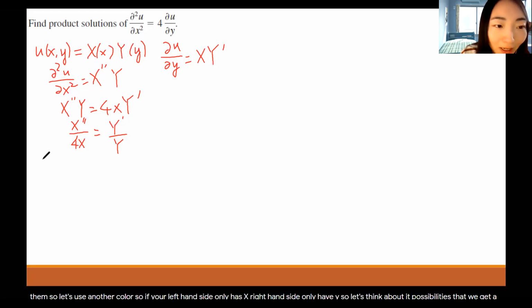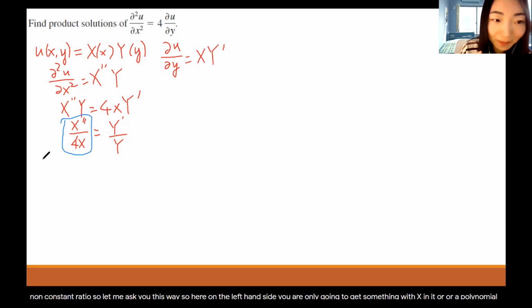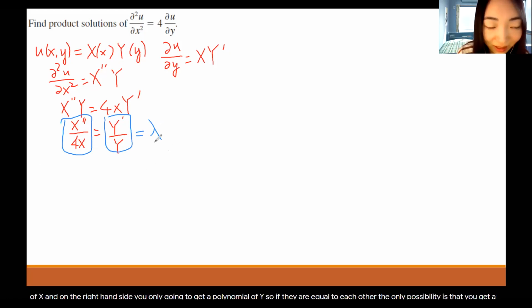Let me ask it this way. On the left-hand side you are only going to get a polynomial of x, and on the right-hand side only a polynomial of y. So if they are equal to each other, the only possibility is that you get a constant here.